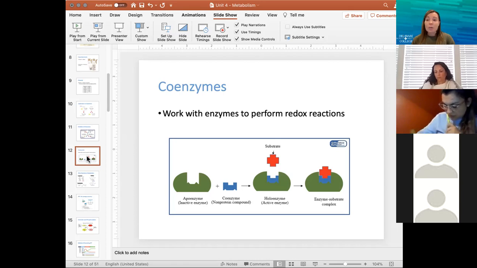So remember, when a molecule gets reduced, it's not only gaining hydrogen ions and electrons, but it's also gaining energy. So when these coenzymes get reduced, they're being given energy, and that energy will later be used to make ATP.